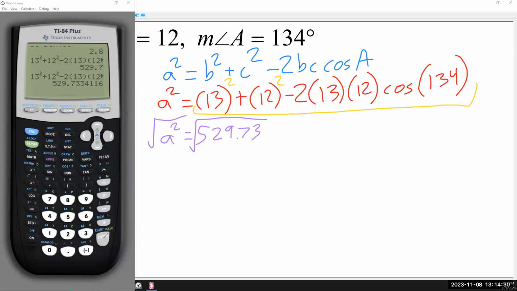Do I need a plus or minus here? Why not? Because this is the side of a triangle. It's impossible to have a negative side, so we don't need it. I will round it in the end, I'm just not rounding yet. So 23, pretty much 23 even.